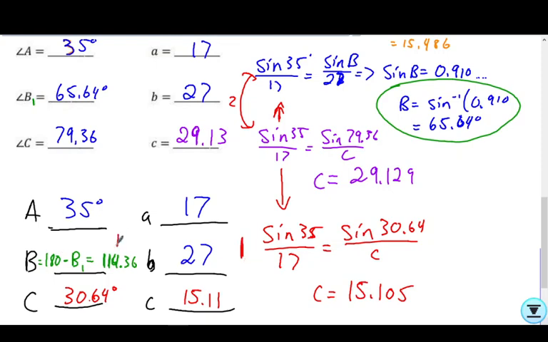Here, we found these two angles just by using supplementary angles, or the fact that a triangle has 180 degrees. But basically, this is how you find that second solution. Okay? It's really simple. It's not difficult. You just have to know the process.